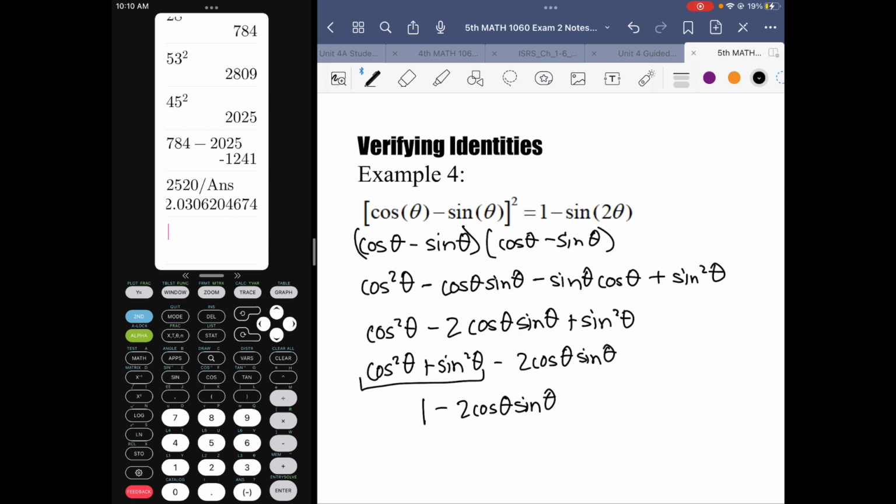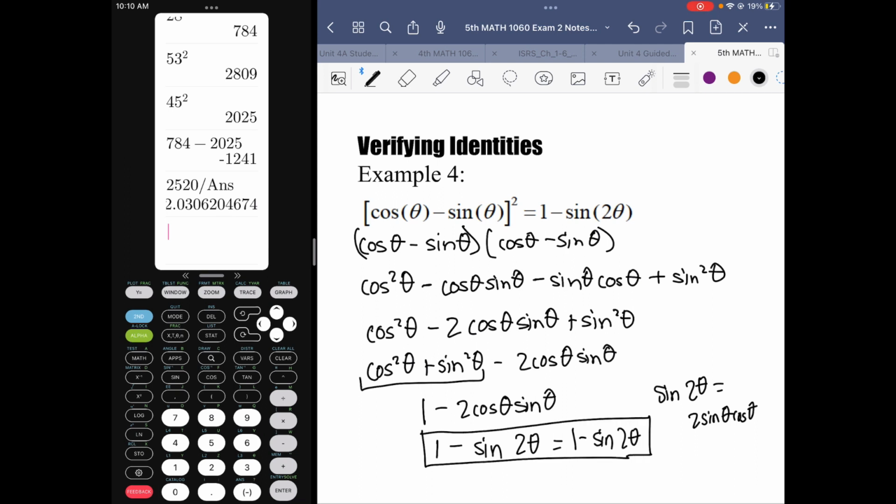Then we know that the sine of 2 theta is equal to 2 sine of theta cosine of theta, which is exactly what we have right here. So we can say this is actually 1 minus the sine of 2 theta. And lo and behold, that's exactly what we were trying to get to. Ta-da!